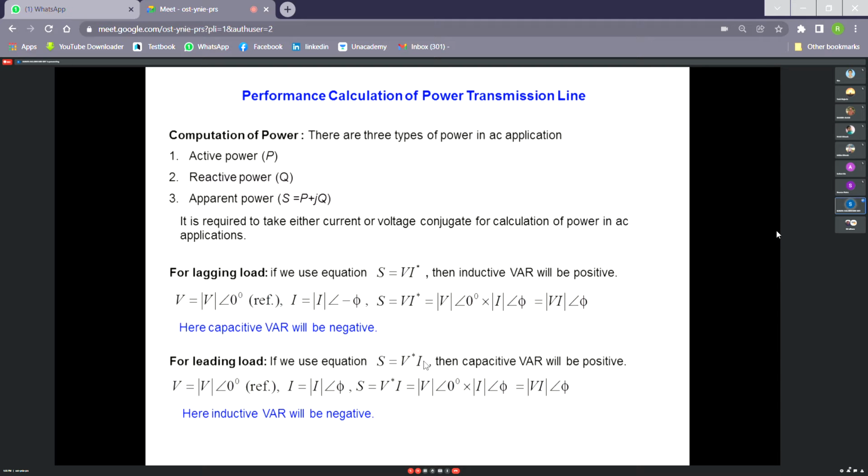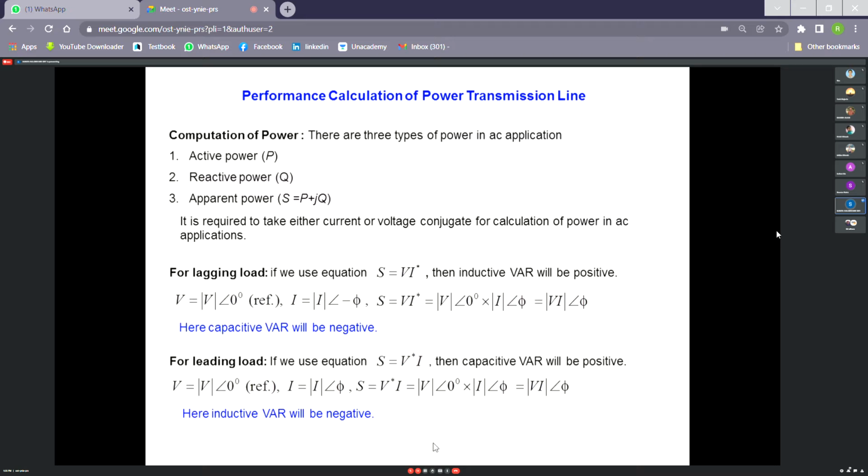So the inductive VAR will come negative. So there are two options to calculate the complex power or apparent power in a power system. In short, if we use VI conjugate, then the inductive VAR will come positive. If we just remember this much, then we can sort out the other.